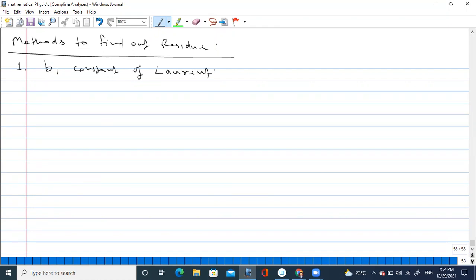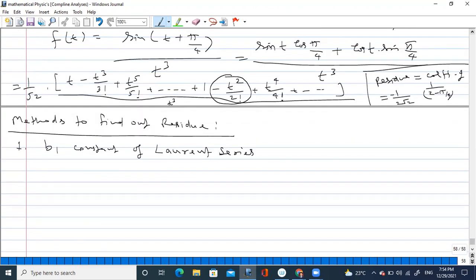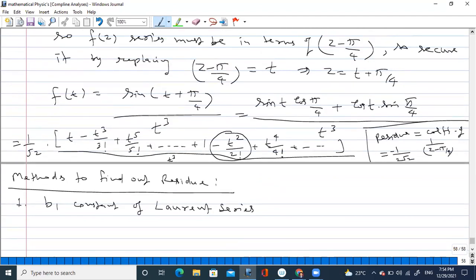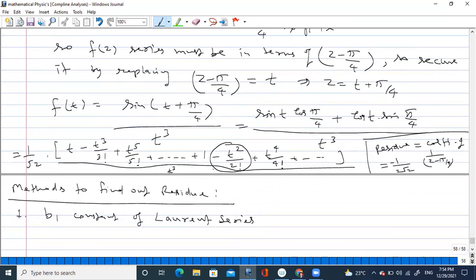Sir, for the above question, what will be the order of the poles? Order actually I cannot confirm, because it is an infinite series, na?